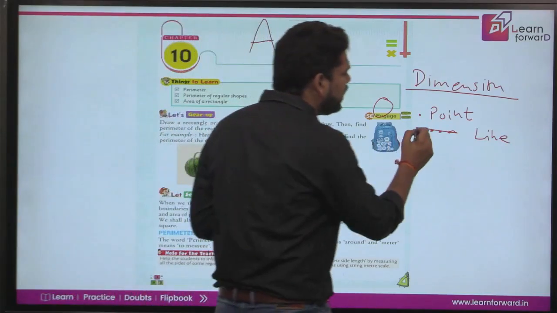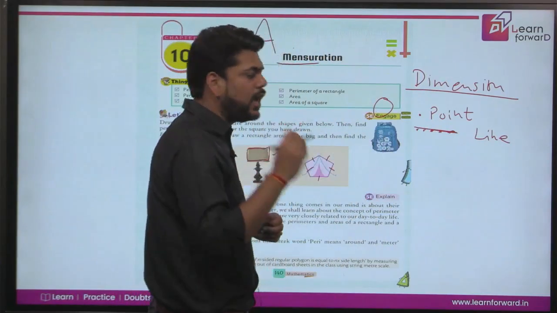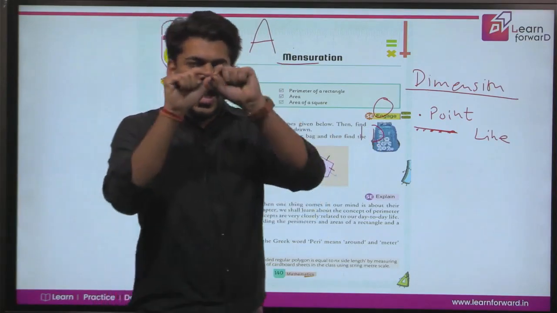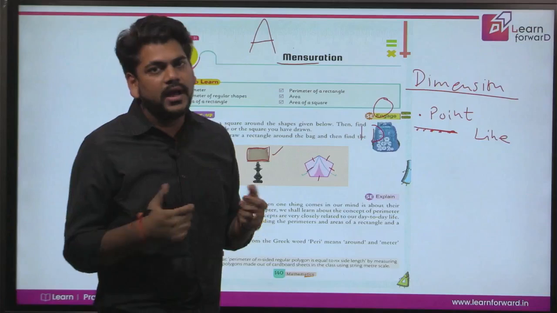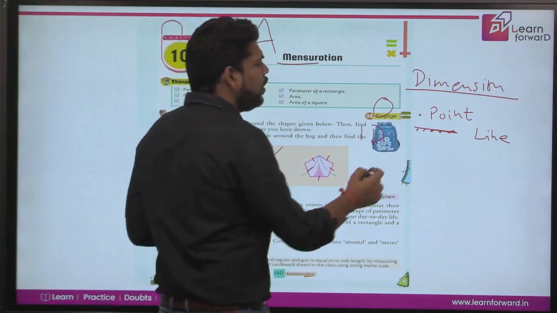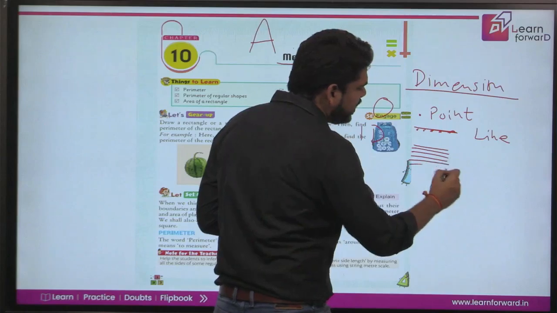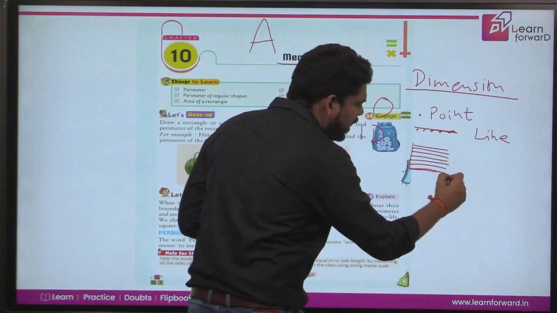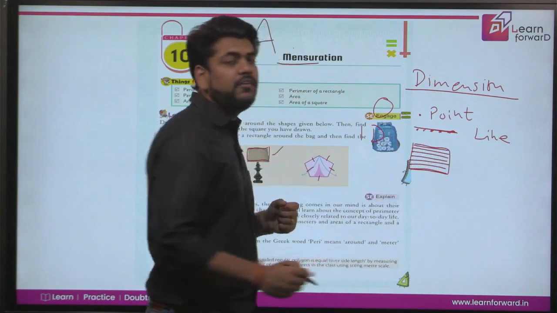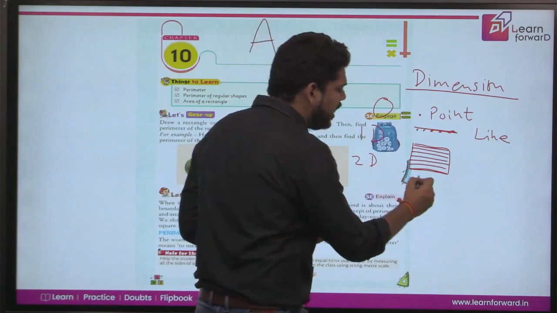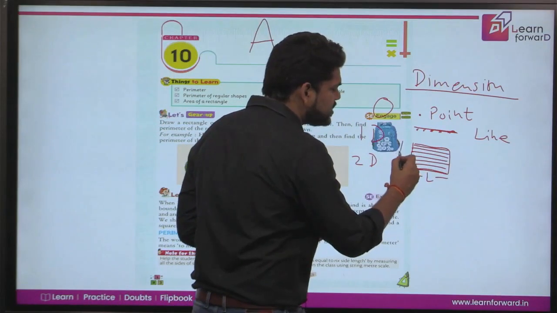When we talk about the line, it has 1 dimension. That means it has a length. A line does not have any breadth or height, it has only a length. When we talk about many lines, if you make a border of them, you will find a 2D shape. That means a shape which has a length and a breadth.